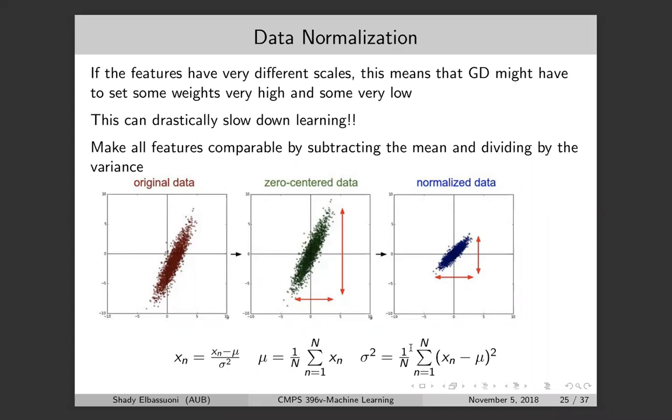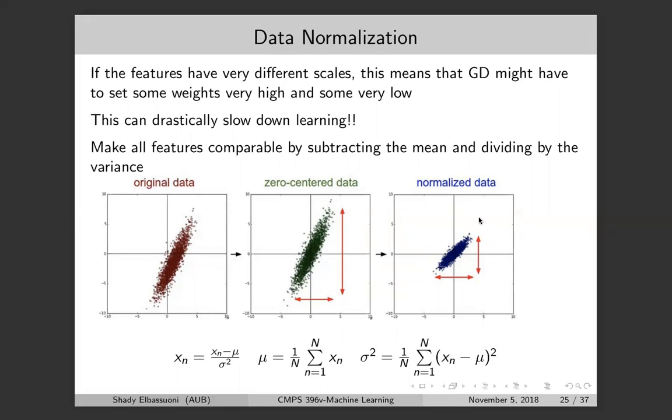Then you compute the variance, sigma squared, which is the squared difference between the training example and the mean, averaged. Similar to any mean and variance in general. You can do this in Excel. Now you take every training example, subtract the mean and divide by the variance.